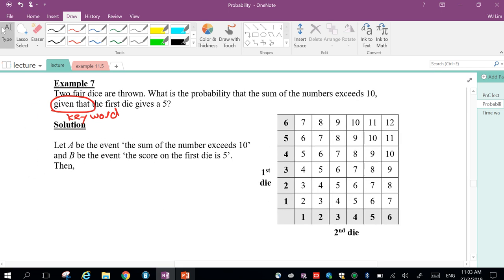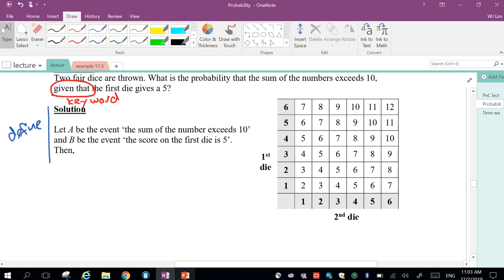First thing first, you need to define. You want to find probability A given B. The formula is probability A intersect B divided by probability B.